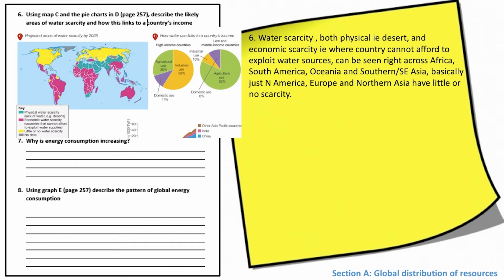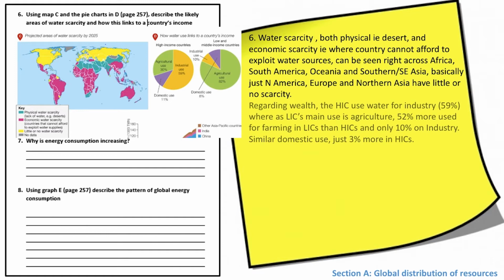Basically, we've just got North America, Europe and Northern Asia having little or no water scarcity by 2025. Now this is going to have an impact on income. So regarding wealth, the HICs use their water for industry, so 59% is used in industry, and industrial use is going to make the country more money than perhaps agricultural or domestic use would.